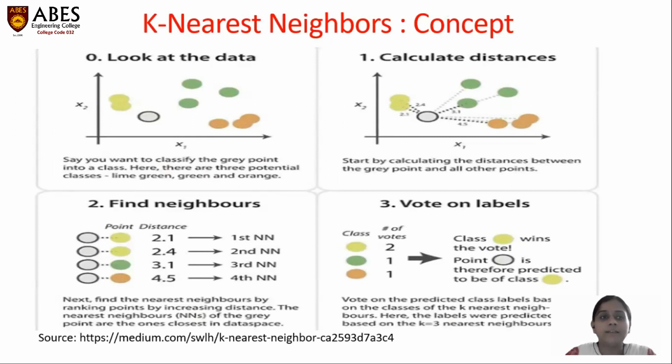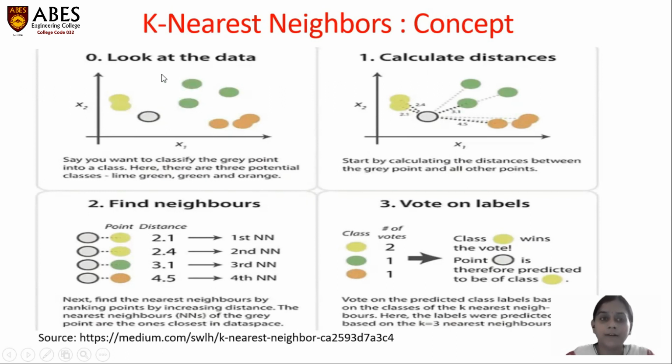Here you can see an example. Look at the first quadrant in which you have the data of tree type, which is depicted in three colors. One is lime green or yellow, another is green, and another is orange.